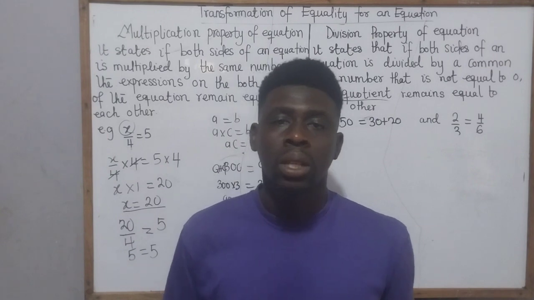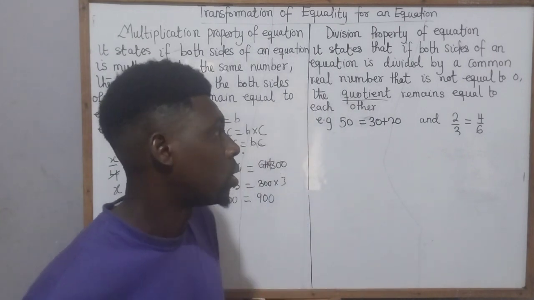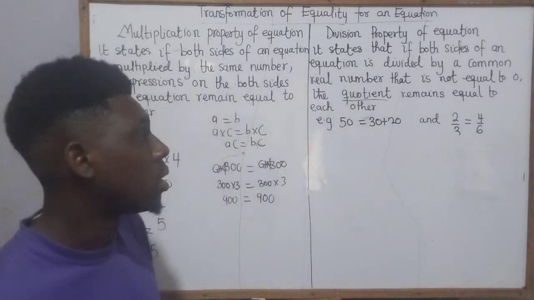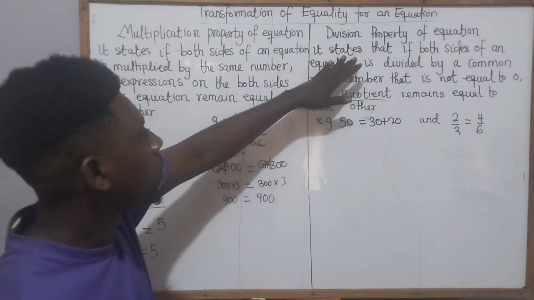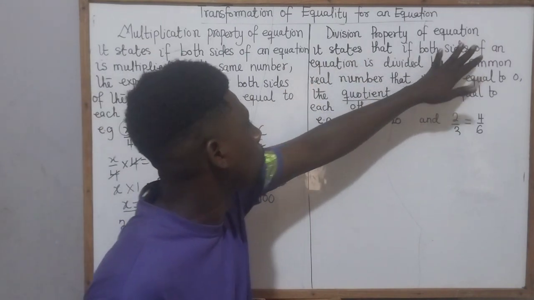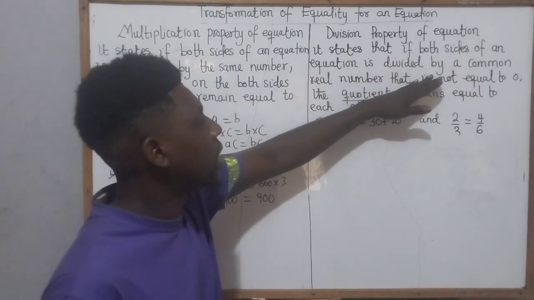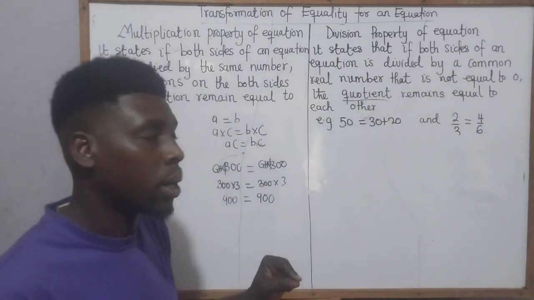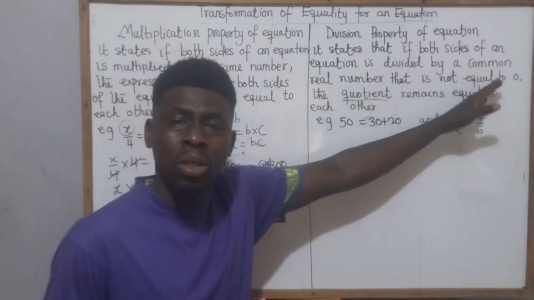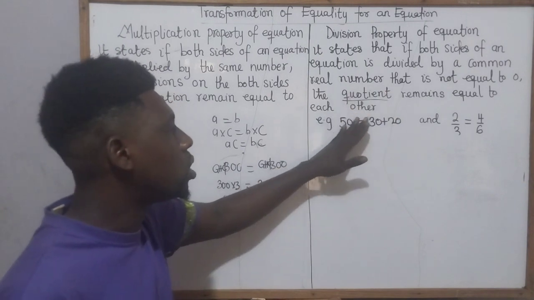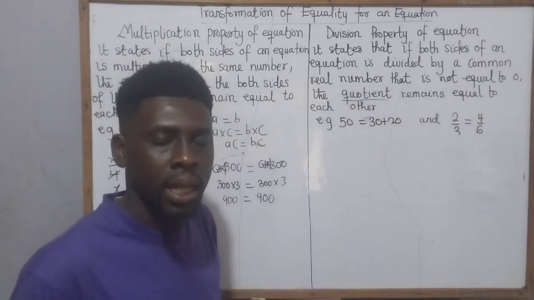Now let's go to the division property of equality, which states that if both sides of an equation are divided by a common real number that is not equal to 0, the quotients remain equal to each other.